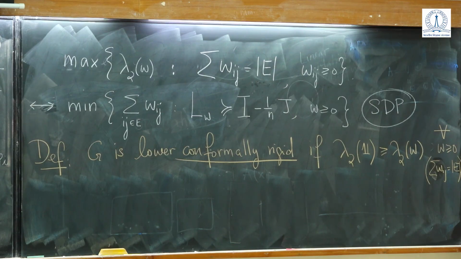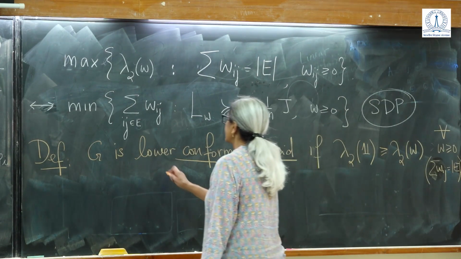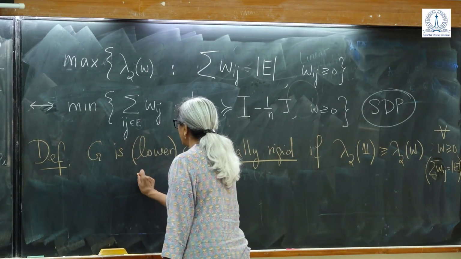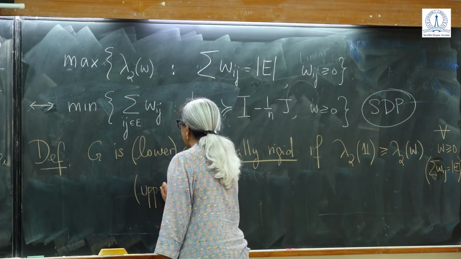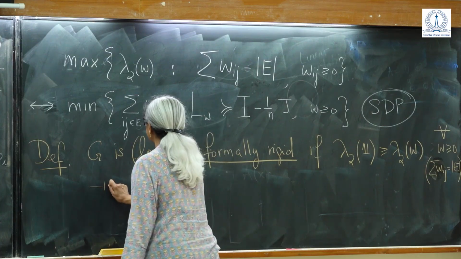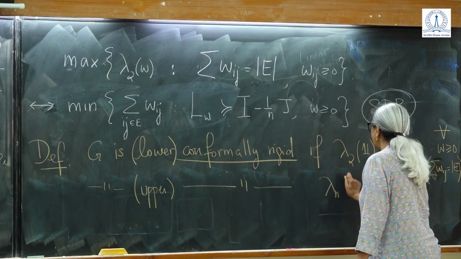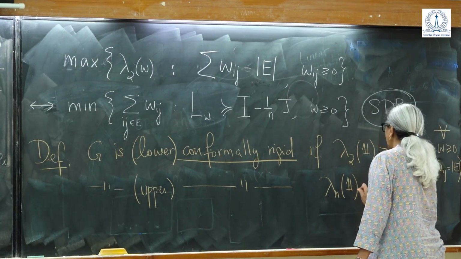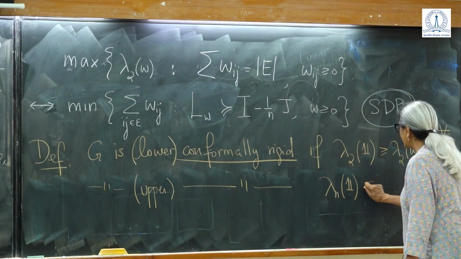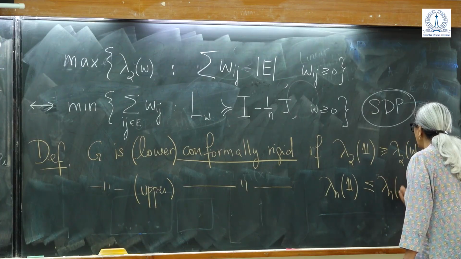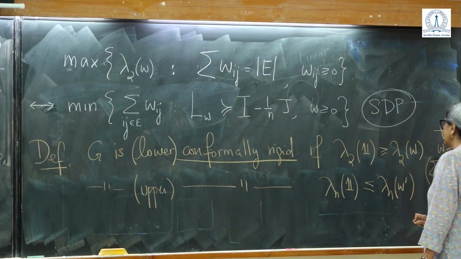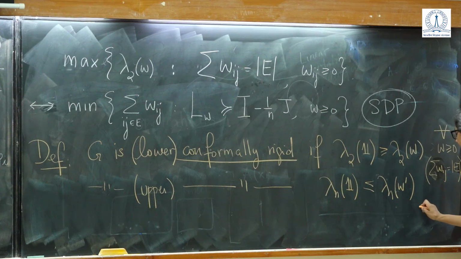Why lower? It's a good question, because there is an analogous definition of upper conformally rigid. If the last eigenvalue, lambda n of 1, is less or equal to lambda n of W prime, not the same W, but W prime, for all W prime non-negative, also normalized.